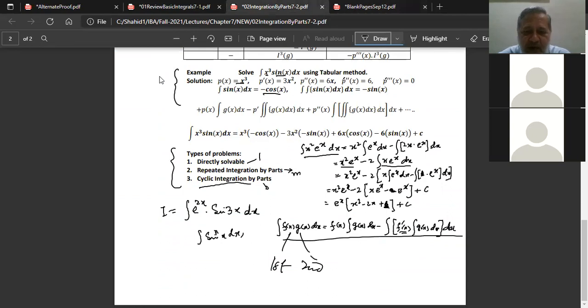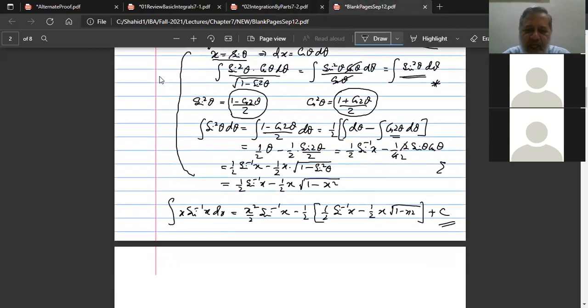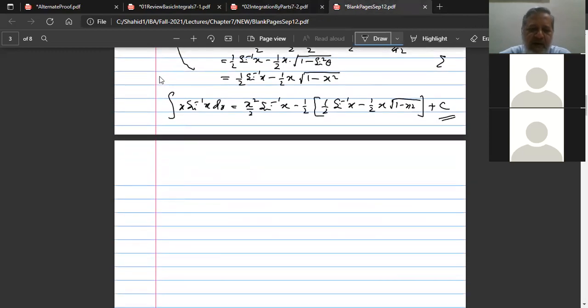Now, repeated integration by part का example मैंने discuss किया. We can discuss more problem of repeated integration by part. But I want to focus on cyclic integrals. So I consider another example to demonstrate a cyclic integral.